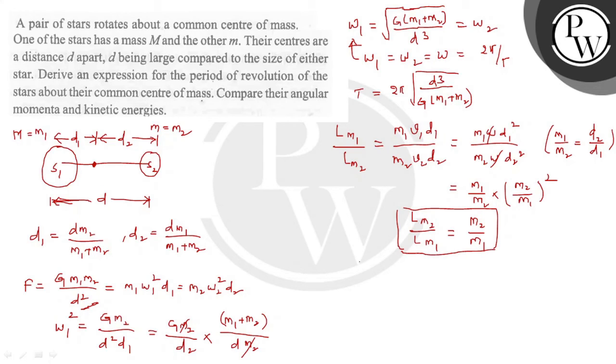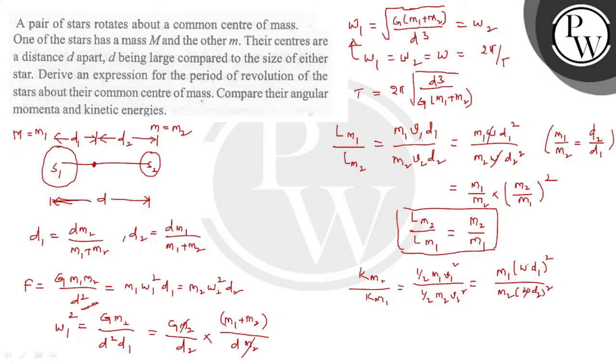And kinetic energy: K m2 by K m1 is equal to half m1 v1 square by half m2 v2 square. V is equal to what? Omega d1. Therefore m1 into (omega d1) whole square by m2 into (omega d2) whole square.